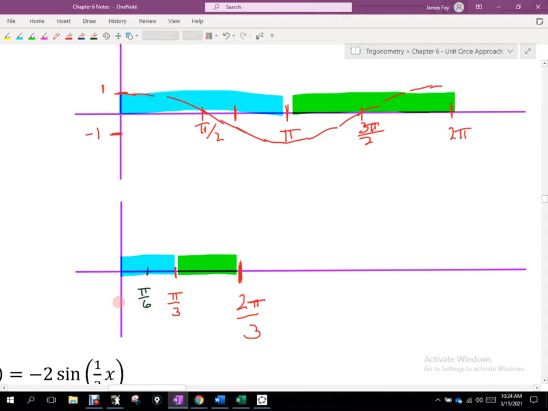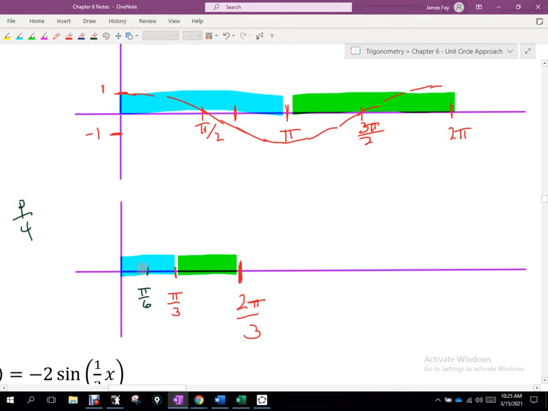Once you find that pi over 6 distance, that's what I called the index the other day. That's the counting tool to keep going from 0 all the way up to the end of your period, which was the same thing as taking the period divided by 4. Well, 2 pi over 3 divided by 4 gives me pi over 6.